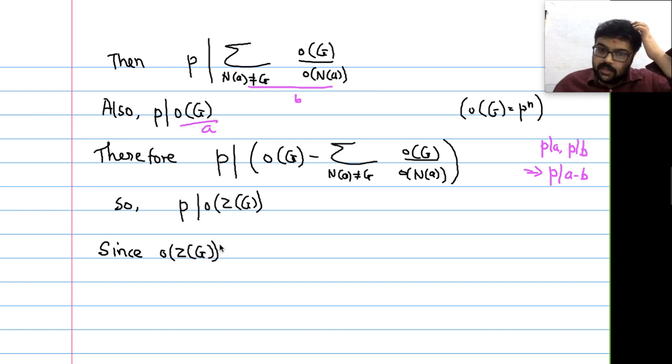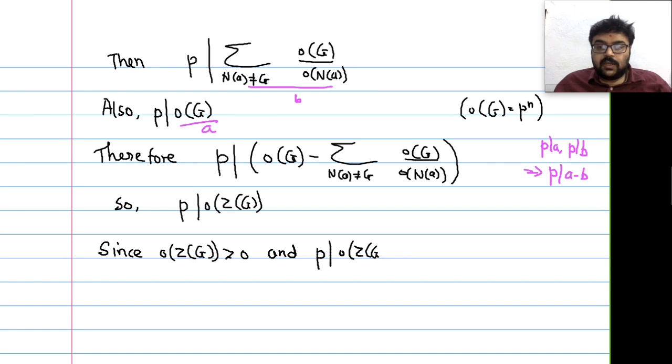Every number divides 0, but order of Z(G) is greater than 0, so 0 is not the case. It also cannot be 1, because a prime cannot divide 1, and P divides order of Z(G). We conclude that the order of Z(G) is not equal to 1.